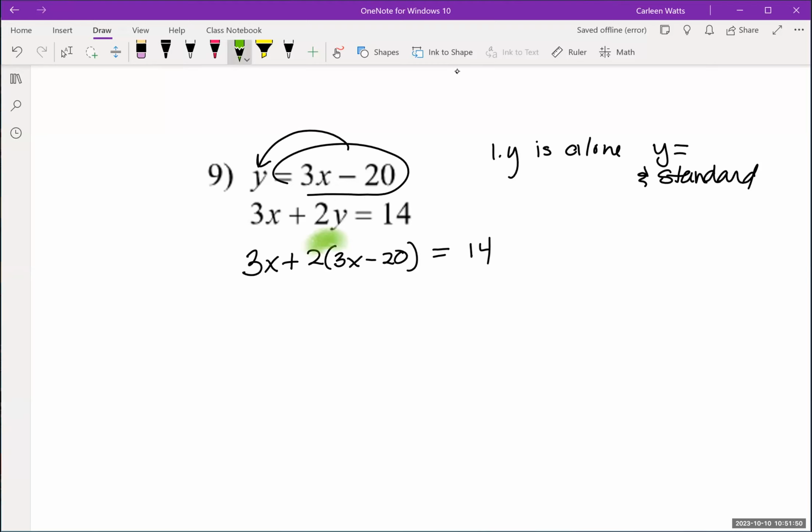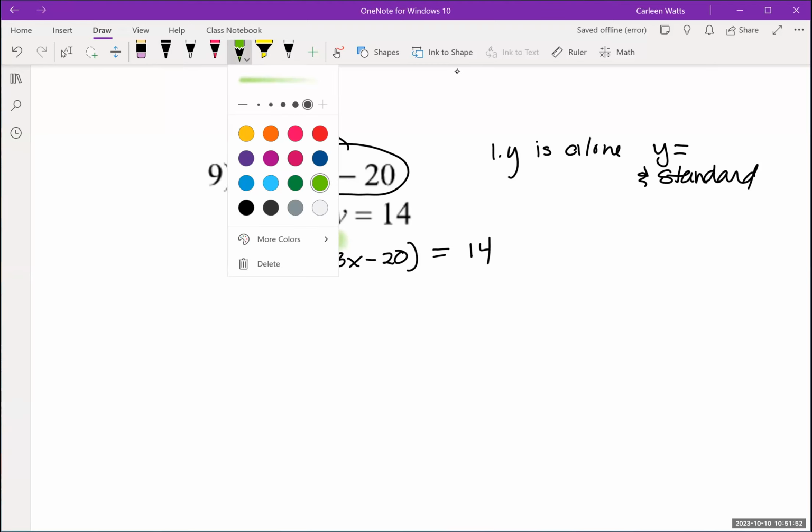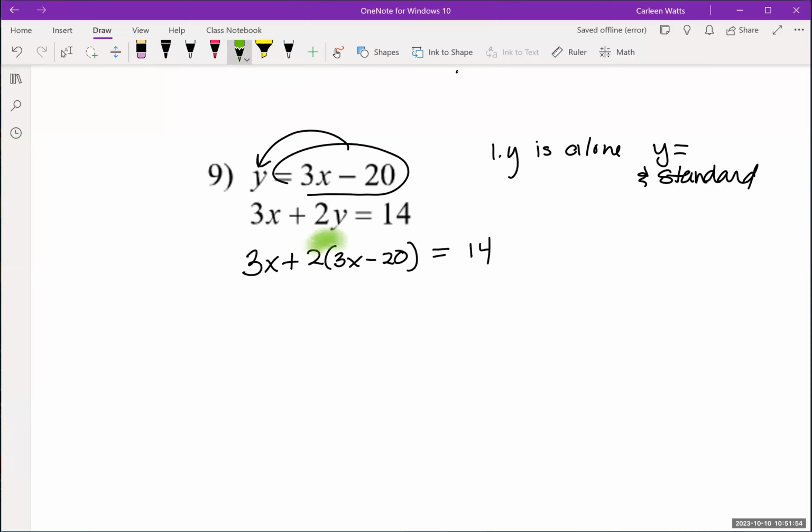Okay, distribute. So 3x plus 6x minus how much? 40, thank you, is equal to 14.